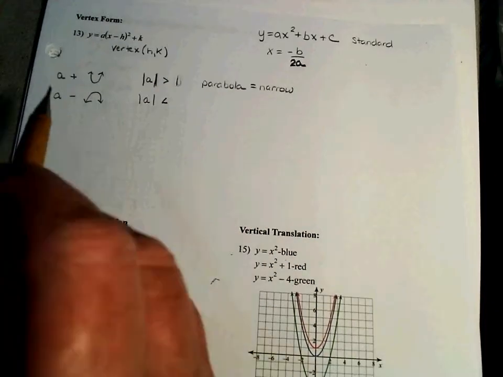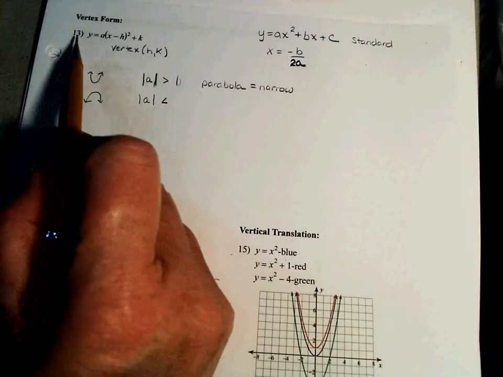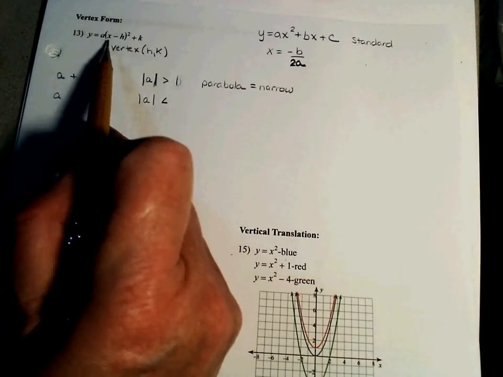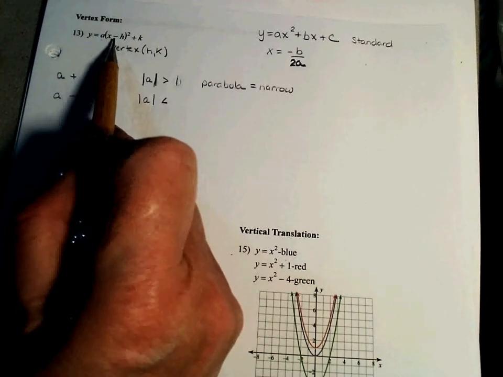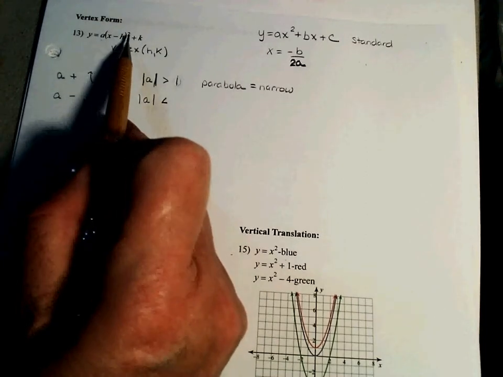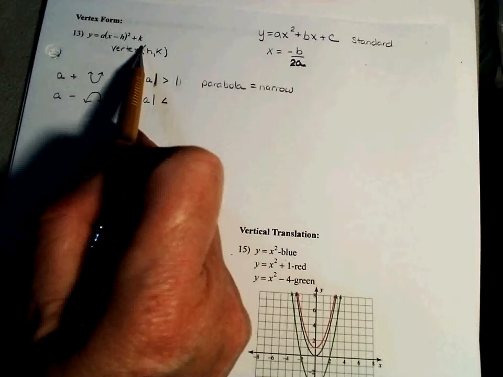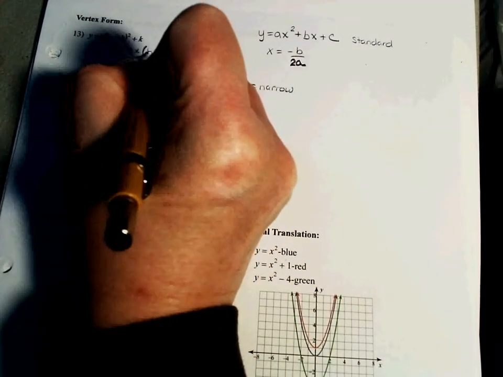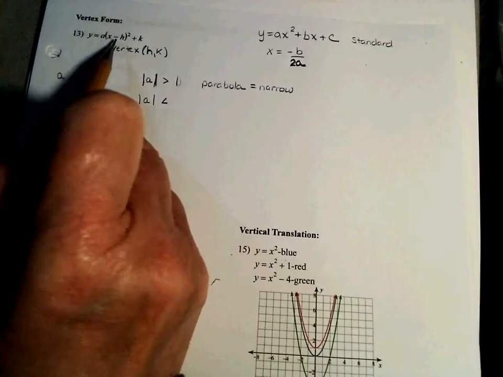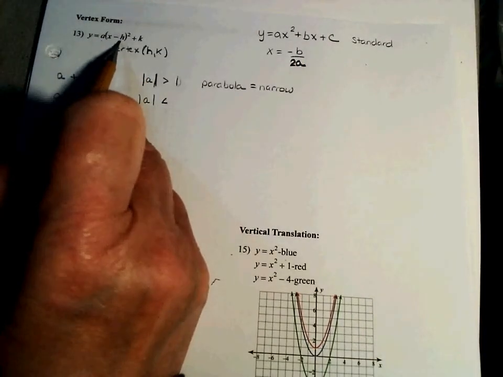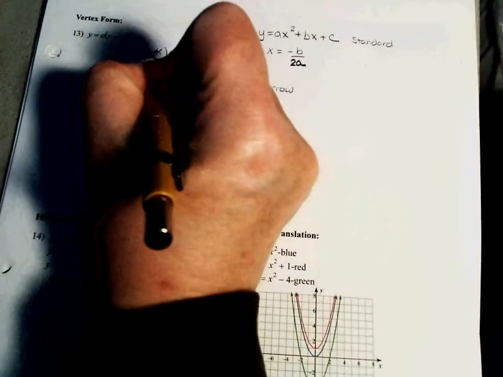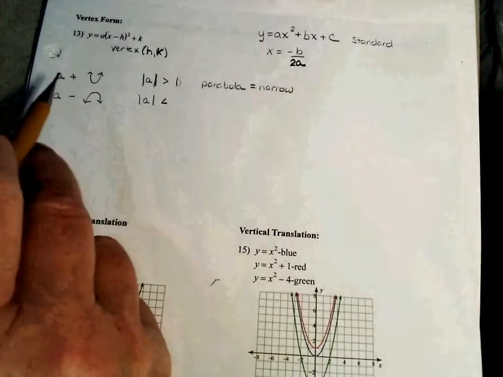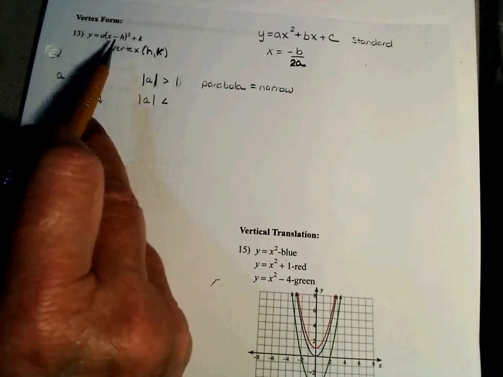What I mean by that, if you have it in vertex form, it looks like a number, a parenthesis, x minus a number, parenthesis squared, plus a number. If you have it in that form, the vertex automatically pops out. It's whatever number was there, which is the h, and whatever number is there, which is the k. Now it has to be a minus there, and I'll show you later what you do if it's a plus.